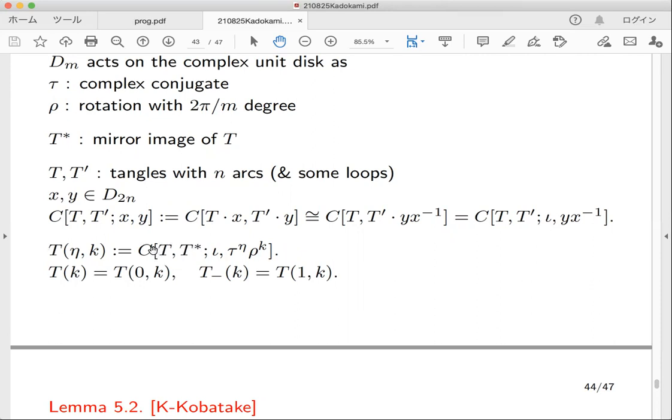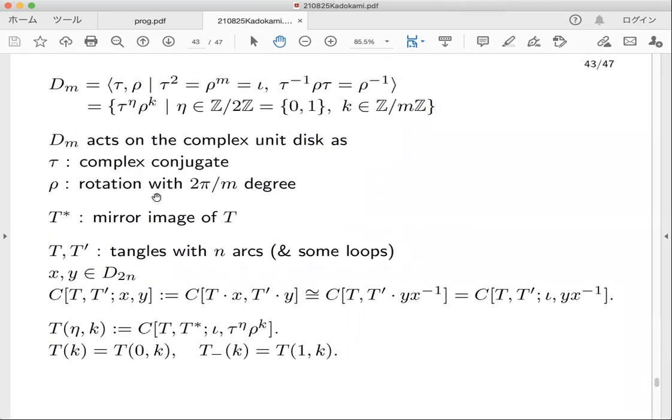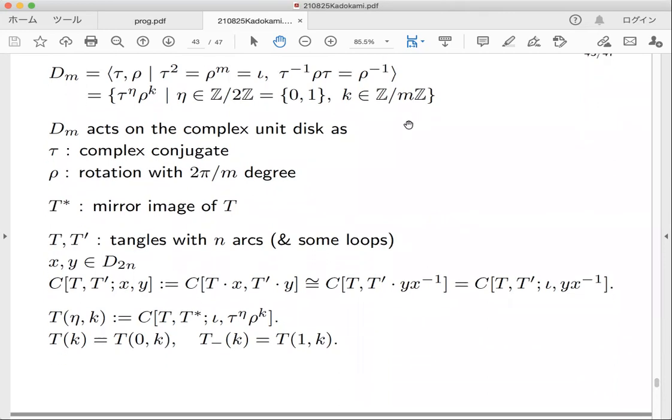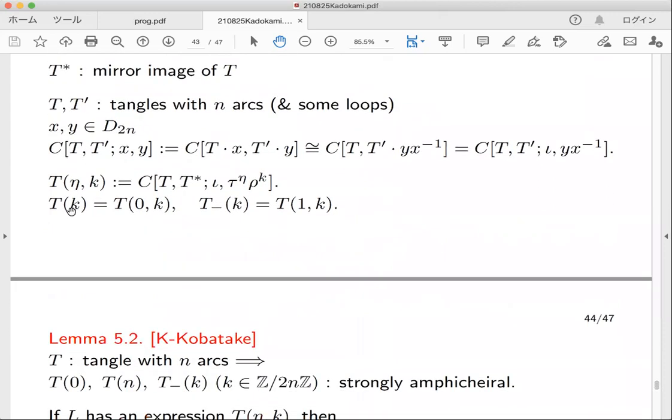We denote C(T star, identity T, 2 eta rho to the K) by large T eta K, where eta is 0 or 1 and K is in Z over 2N Z. And we denote large T_K equal T_0K and T_minus K equal large T_1K.